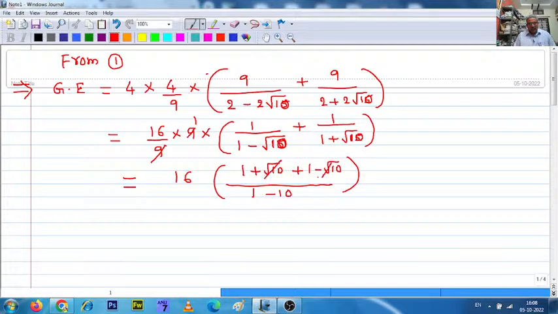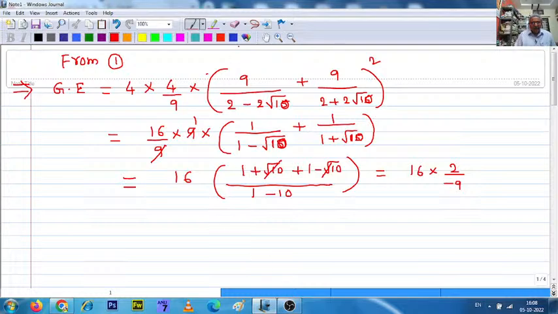So root 10 cancel, you have 2, 1 plus 1 is 2, 2 divided by 16 times 2 divided by negative 9 you will be getting, right. So here this is nothing but whole square we have, this is also whole square.